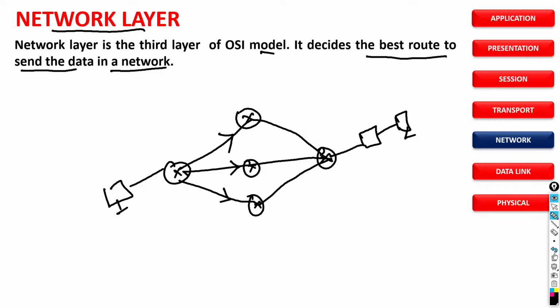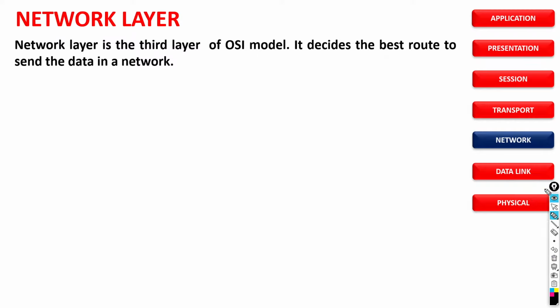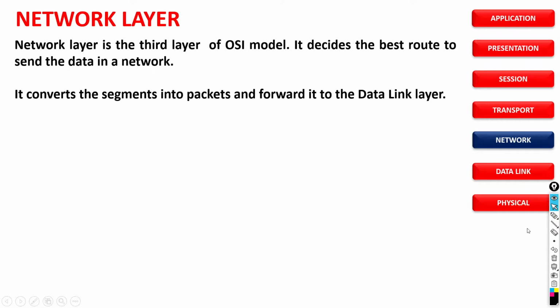Next, it converts the segment into packets and forwards it to the data link layer. As I explained, the transport layer converts data into segments, and the network layer converts it into packets. Once it gets converted into packets, it will be transferred to the data link layer.